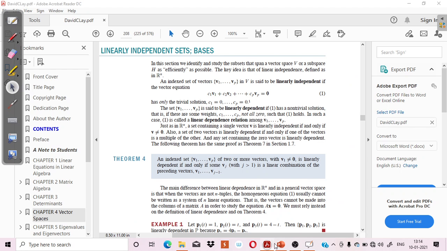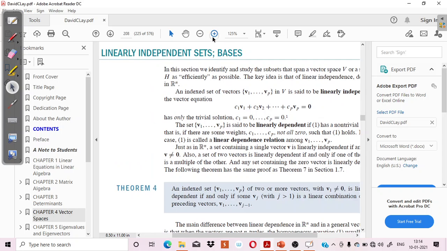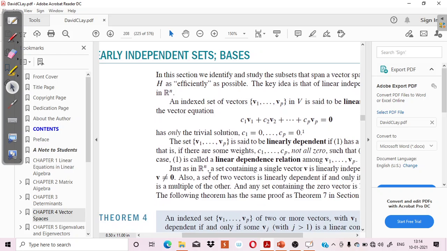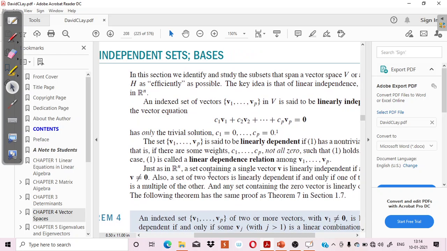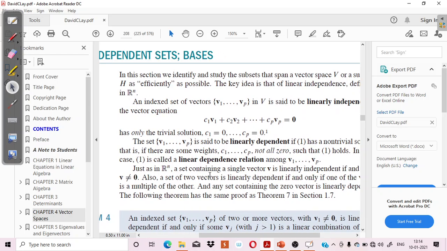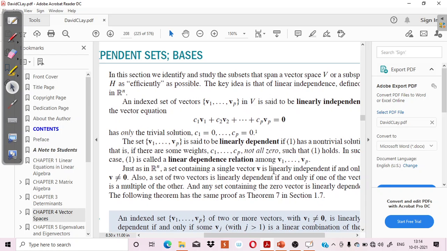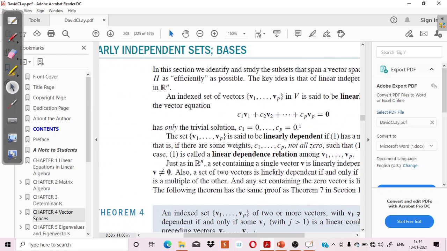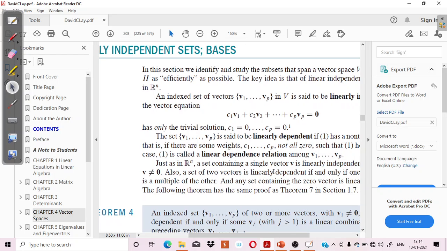Now I'm going to take some examples as well as some points. This point in this textbook says that, just as in Rn, a set containing a single vector V is linearly independent if and only if V is not equal to 0.